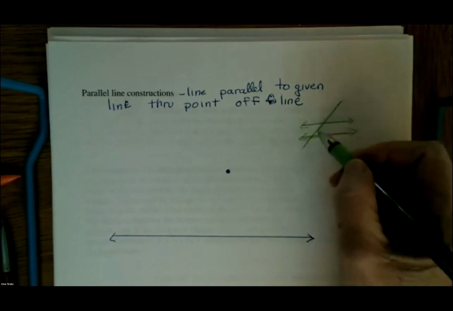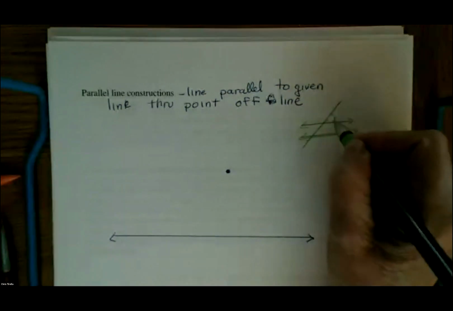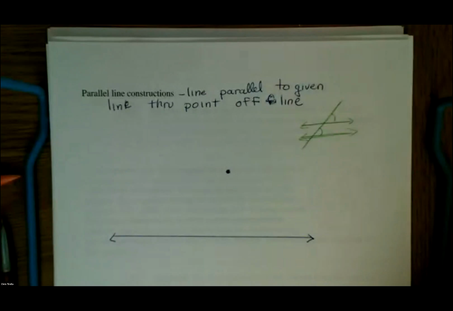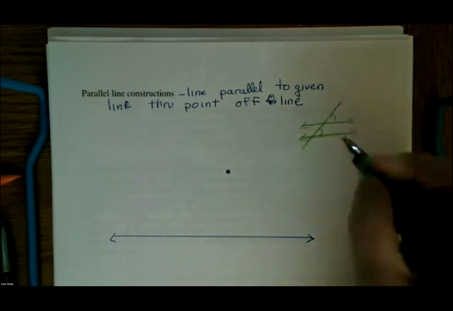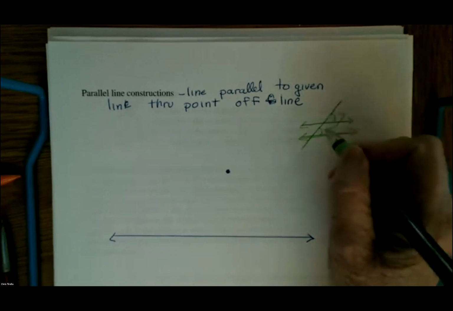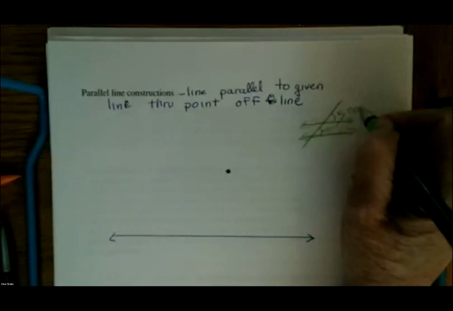And once that transversal is in there, don't I have congruent angles? And so in order to construct a parallel line, I'm going to focus on constructing congruent angles.